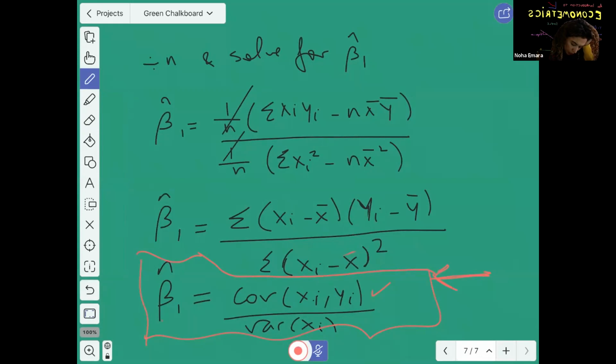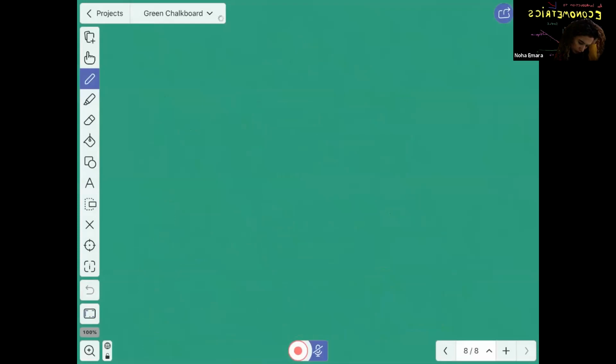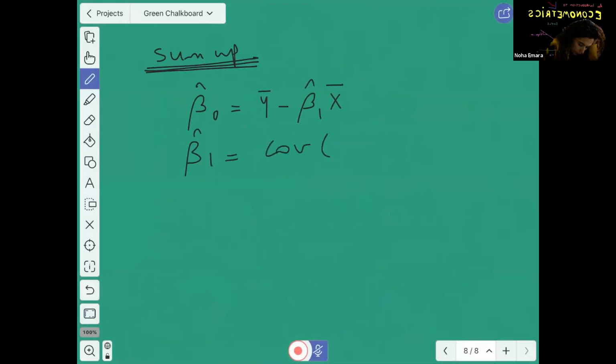We are able to get two important formulas. The intercept beta naught is equal to y bar minus beta hat 1 x bar, and beta hat 1 is equal to the covariance between xi and yi over the variance of x.